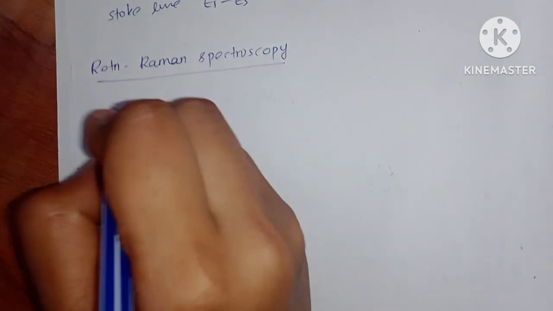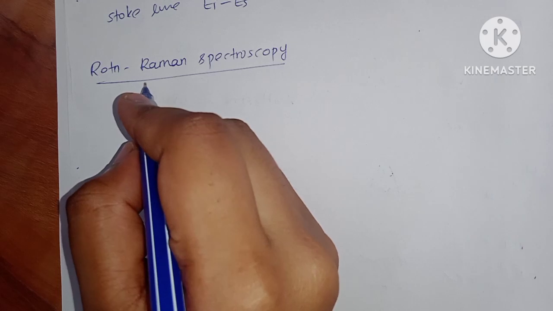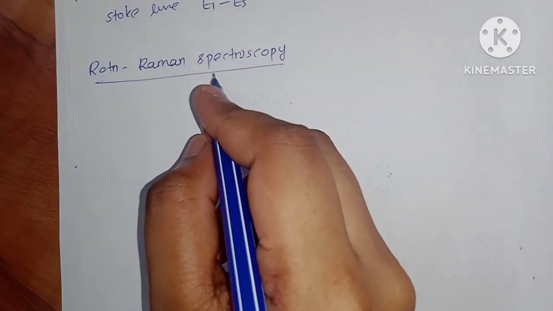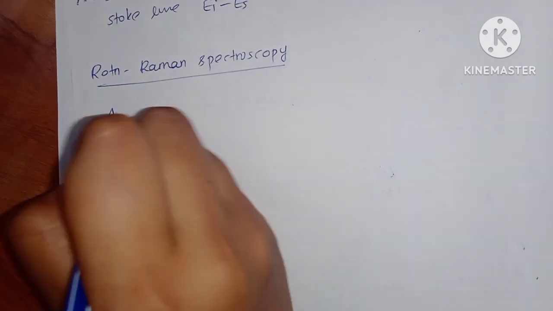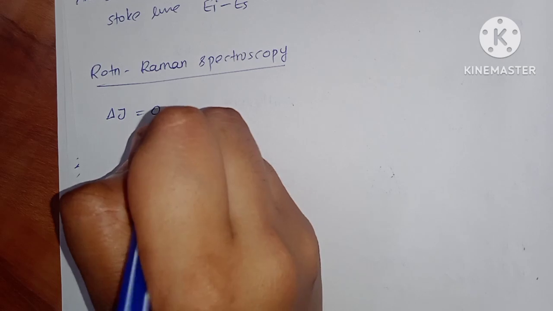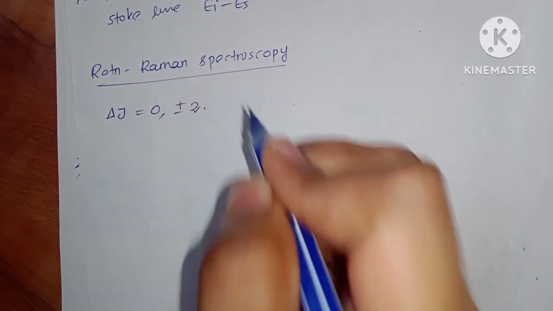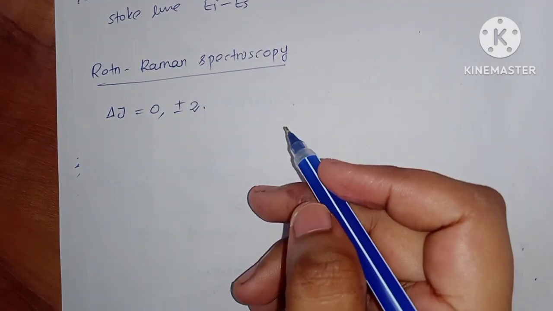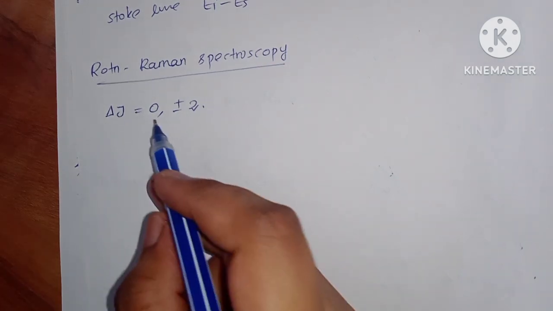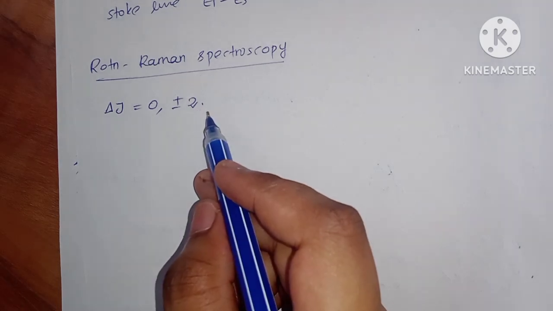The selection rule is like this: if a molecule shows rotational Raman spectroscopy, the transition occurs in a way that delta J is equal to 0 or plus or minus 2.